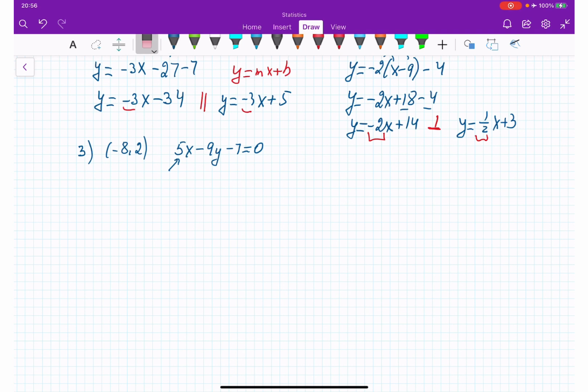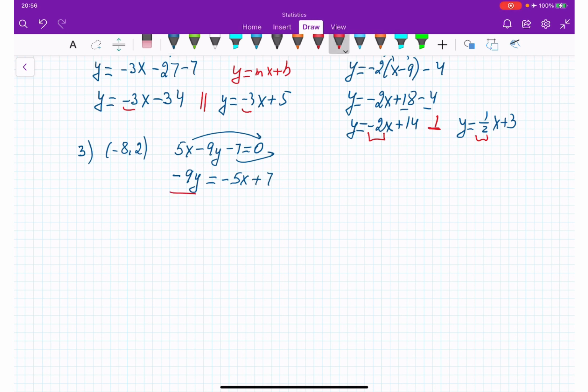Remember in the previous example I told you we have to bring it to the slope-intercept format, which means we need to find y. Negative 9y is equal to negative 5x, moving it here, and negative 7 moving here, so it becomes positive 7.